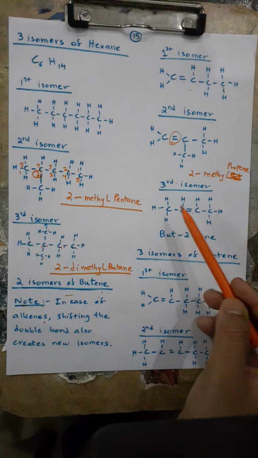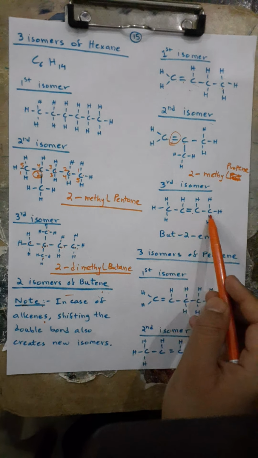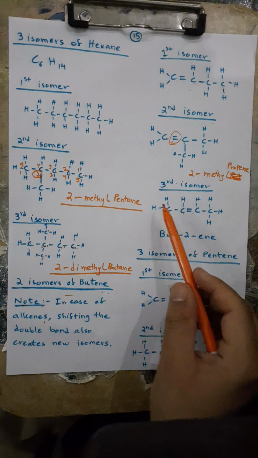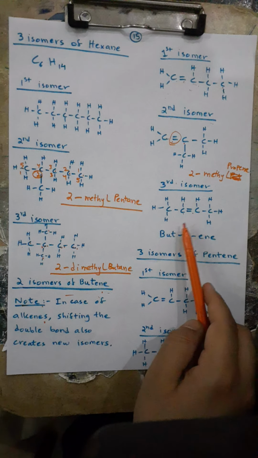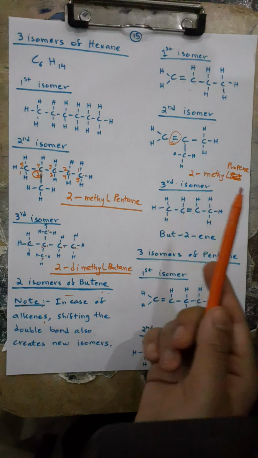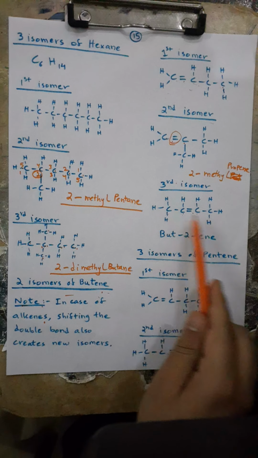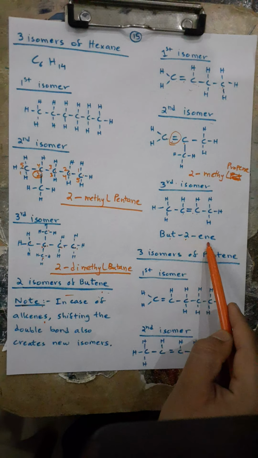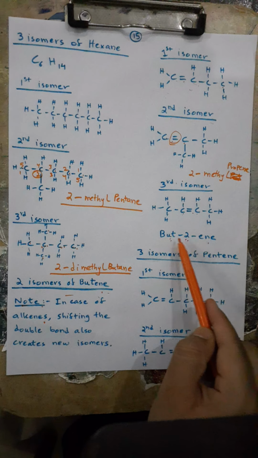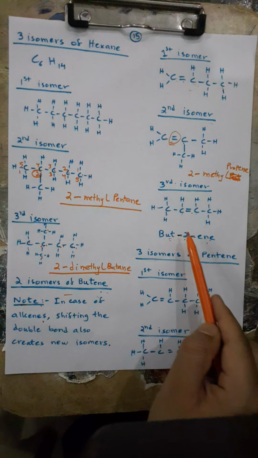So what does it make? Now how to name this? We have shifted this. So now how we are gonna name this one is, what is this? Simply it is butane. What is 1 2 3 4? It is actually butane. Now but to ene, butene, and then there's a dash, so but 2.